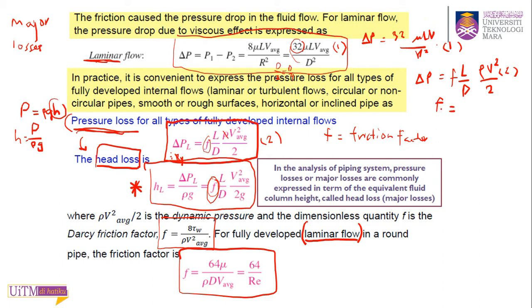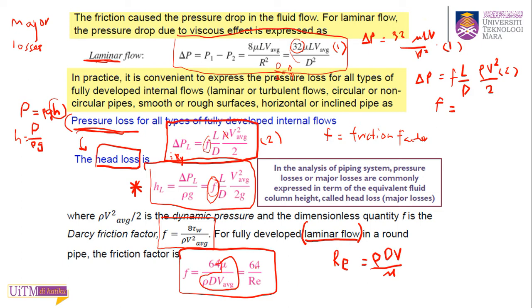Finally, you will get f equal to 64 over Reynolds number. This is mu over rho times D times V, it is 1 over Re. If you remember, the Reynolds number is rho times D times V over mu. So this is mu over rho times D times V, which is 1 over Re.